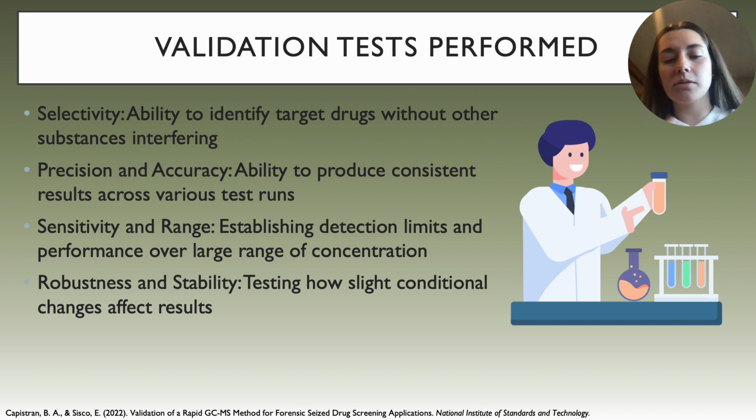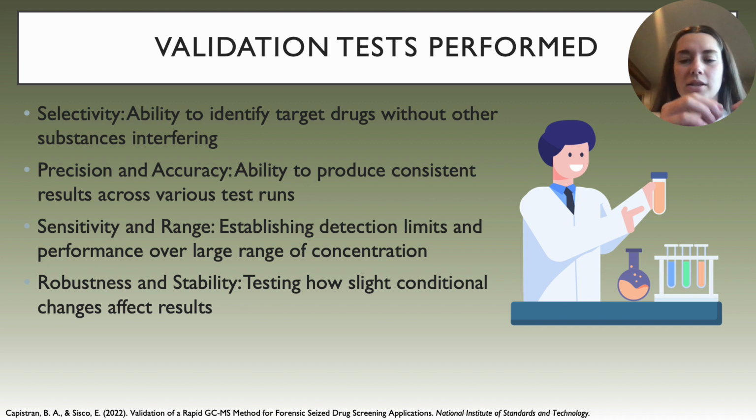Precision and accuracy were also tested, and that is the ability to produce consistent results across various test runs. So being able to reproduce the same exact method, the same exact procedure, using the same samples, and get the same results every single time. Sensitivity and range was also tested, and that is establishing the detection limits and the performance over a large range of concentrations.